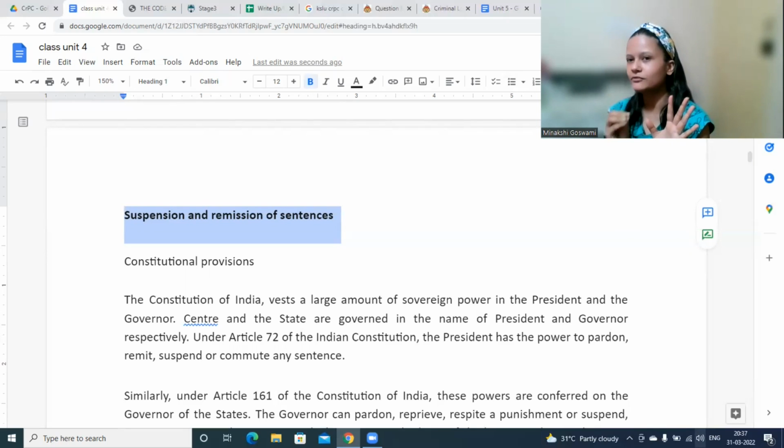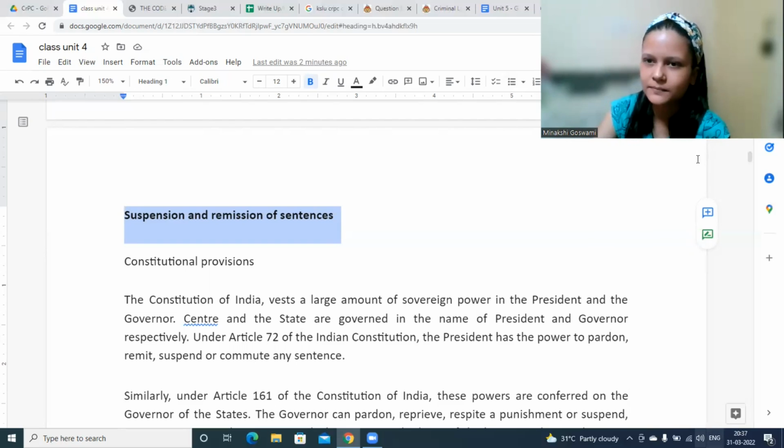If he fails to pay the 50,000 rupees, in case of default, plus 3 months. That means 5 years anyways he should go, and 3 months would extend. If he is paying the fine, then those 3 months would not be applicable. Or if it is only a fine, then also the court might say 50,000 rupees fine, and in case of default, send him to jail. Like that also it may be said.